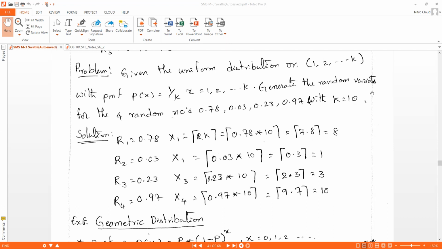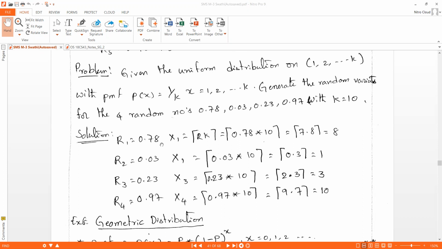Now we need to find the random variant. If we know the random number and k value, we know how to find the random variant for uniform distribution. The formula is x equal to mod of r into k. First, we'll find the random variant when the random number is 0.78.